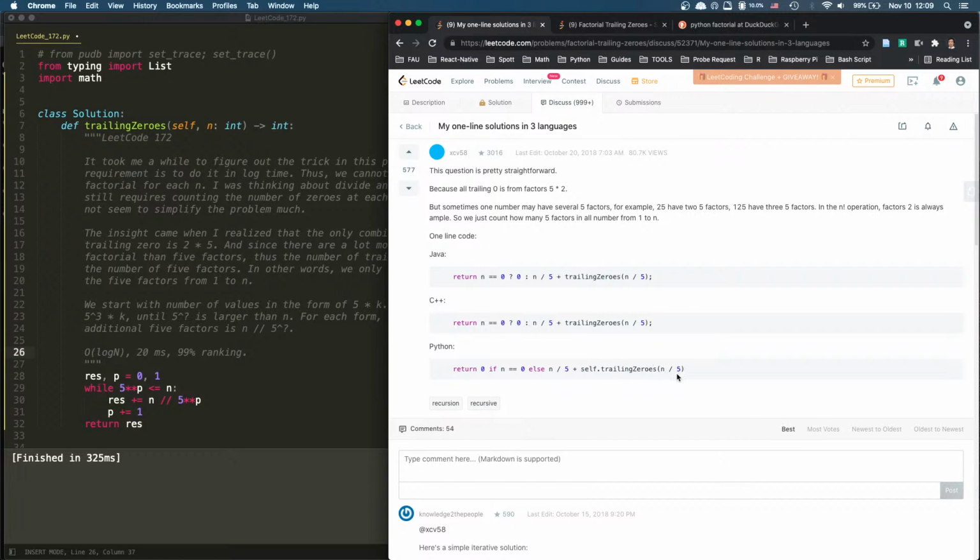So we're moving down. So let's see, what is the logic? Every time, the first round is 5k, right? Factor of 5. We get a total number. And after that, we need to find a factor of 25. So I call self.trailingZeroes, n divided by 5. Well, this one just moved the top lower.